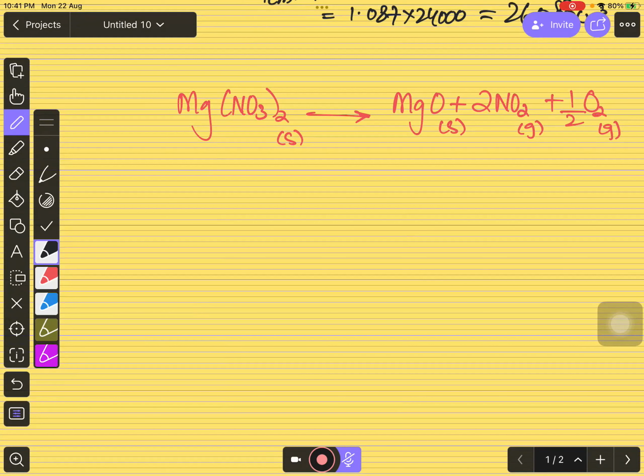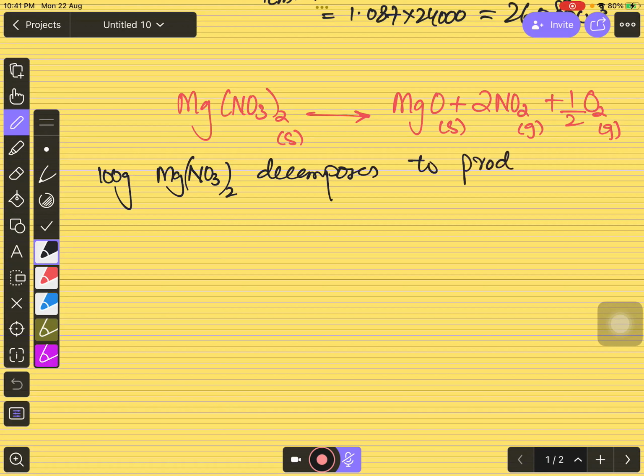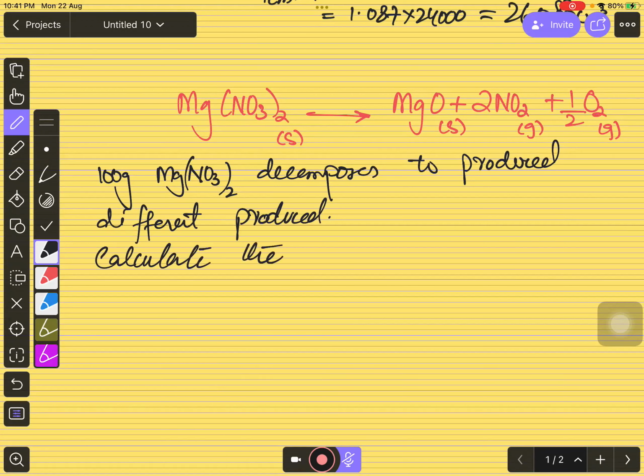For example, examiners told you that you have 100 gram magnesium nitrate decomposes to produce different products, right? Calculate the volume of nitrogen dioxide in decimeter cube produced. चलें, जल्दी से मुझे करके दिखाएं और उसके बाद आपकी छुट्टी. जल्दी से.